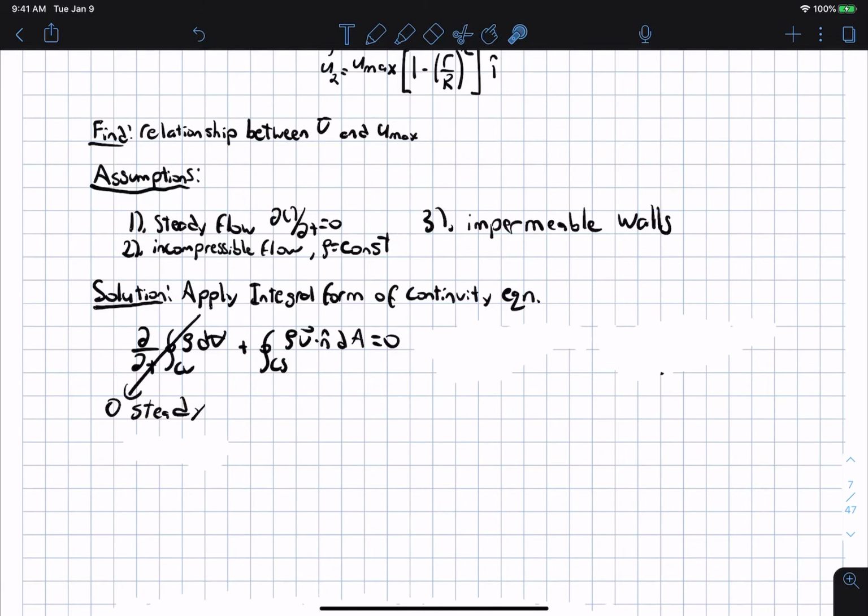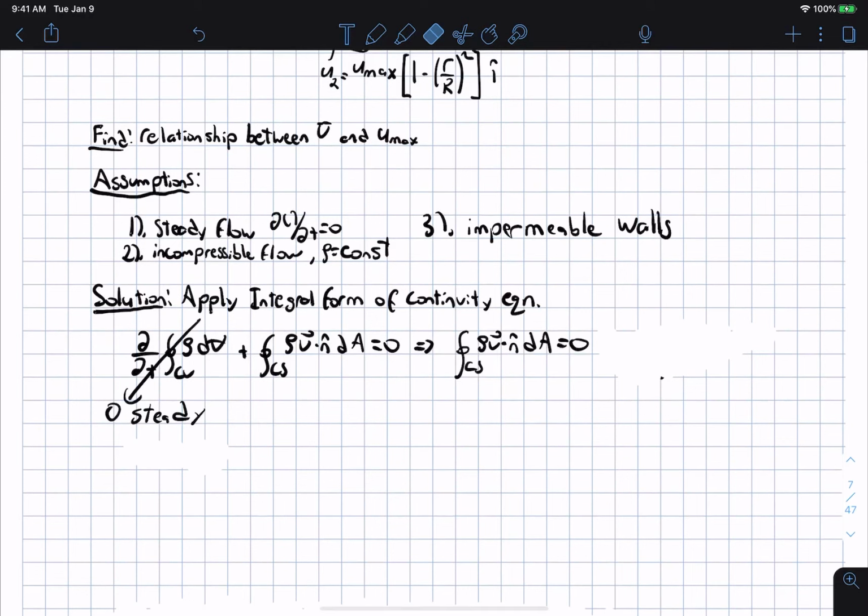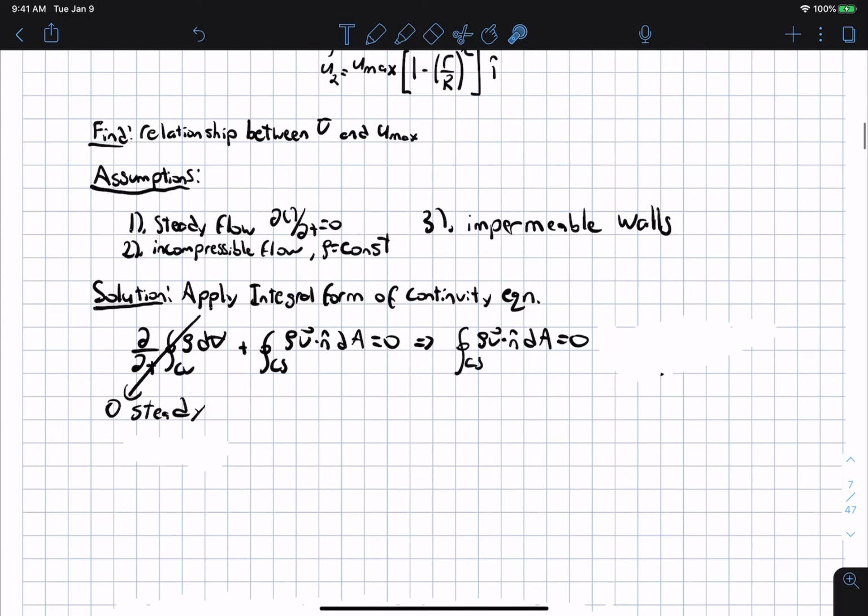Okay. So what we are left with then is just the surface integral, and if we are assuming that the density is constant, that means that we can basically pull out this density, yank it out. It would multiply the outside, and the outside is equal to 0, so we can just cross that out.